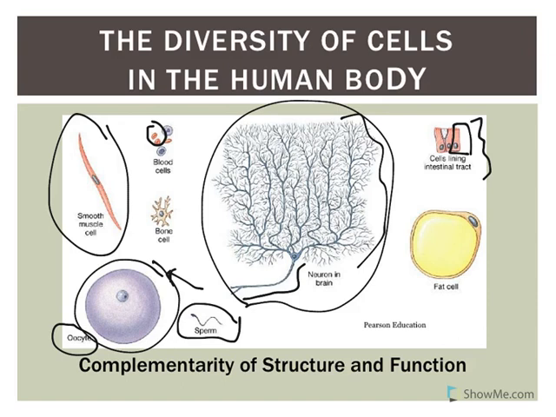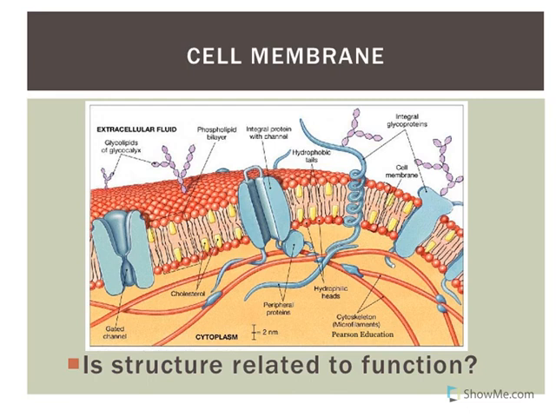Now, what I want to do is look at that cell membrane. All these cells have different organelles that have certain functions, obviously with the exception of the red blood cell. They all have cell membranes. That cell membrane is a dynamic membrane. It encloses the cell. It acts as a selective barrier, so it determines what can come in and go out of the cell.